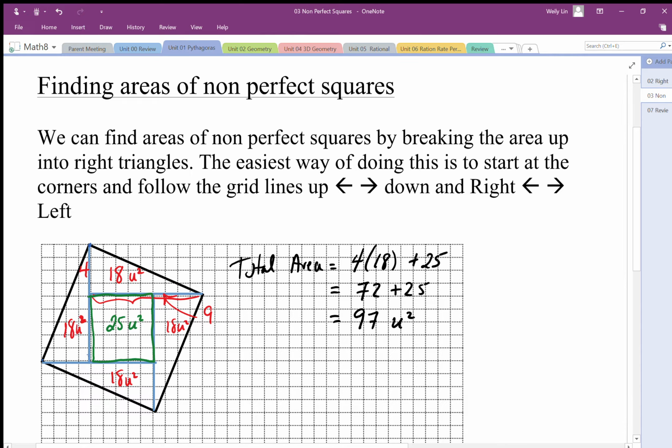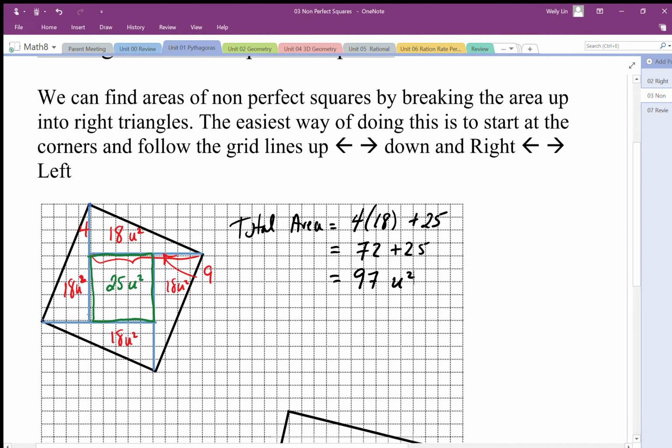So there's 97 squares inside this non-perfect square. If we try to take the square root of that, we can see that it does not give us a perfect square root. So this is a non-perfect square. It's a square shape, but it's not a perfect square number of area. So the side length here is not going to be a whole number side length.